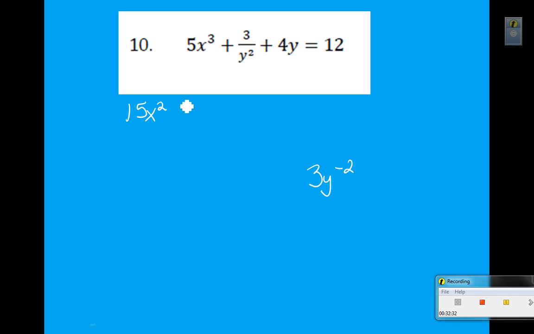That derivative becomes negative 6 over y cubed dy dx. Plus the derivative of 4y, 4 dy dx. The derivative of 12, 0.